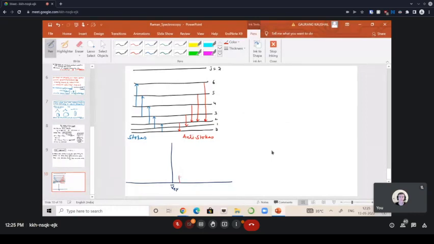Remember that when we were discussing rotational energy levels, we found the expression for the intensity of the spectral lines.